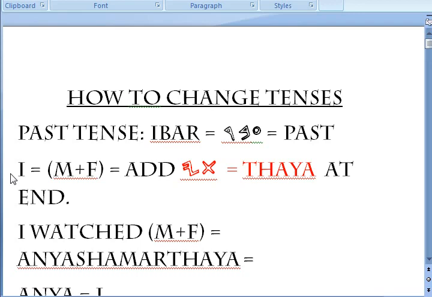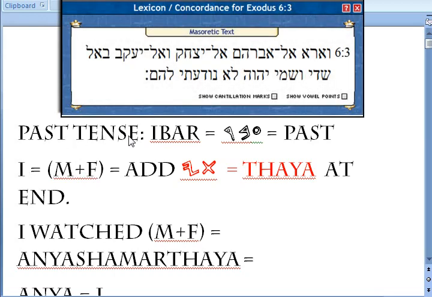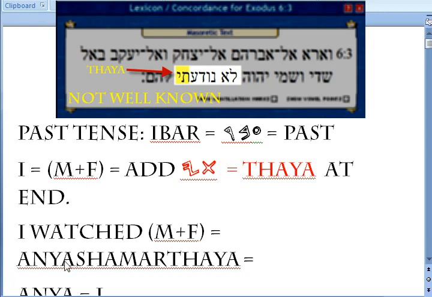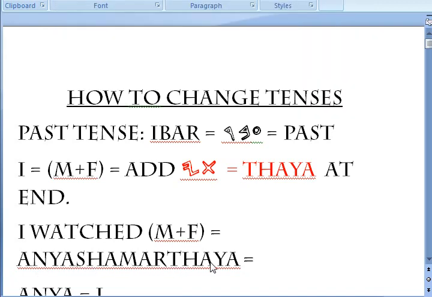For the first person I, whether male or female, the way you make a word past tense is you add a thaya at the end of the word. I'll give an example. I watched, male or female, is Anya shamar thaya. Let me break that down.